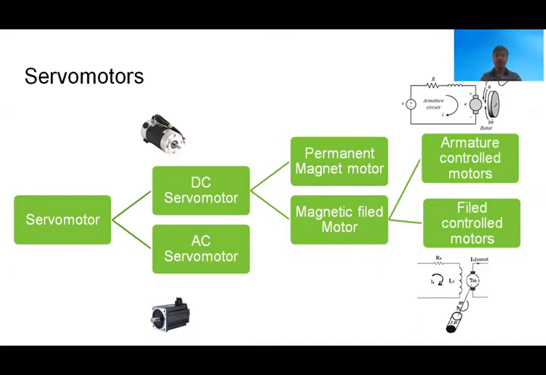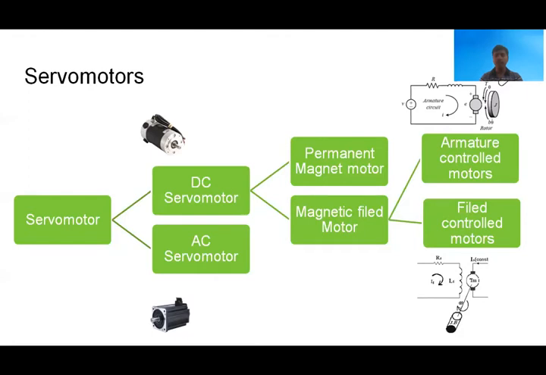Here, in sliding contact type, we have permanent magnet motors and magnetic field motors. In the permanent magnet motors, the permanent magnet is placed in place of field winding to provide the magnetic field. The permanent magnet motors are economical for power rating up to a few kilowatts.